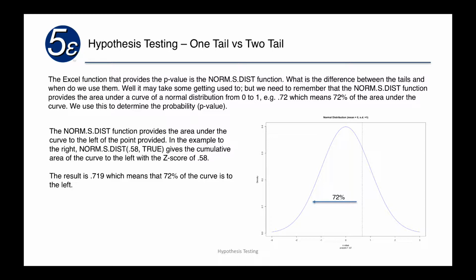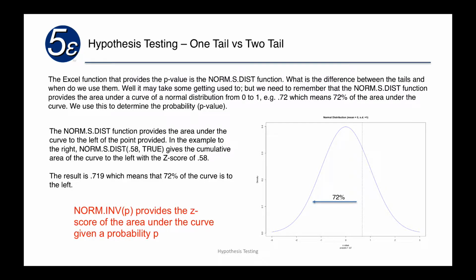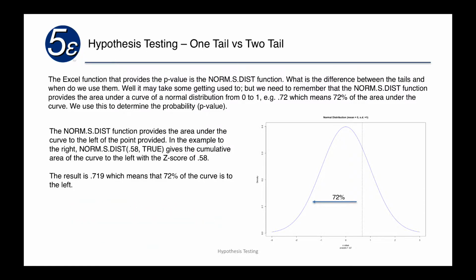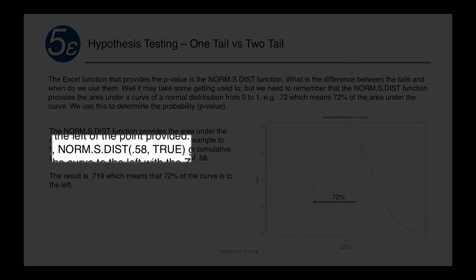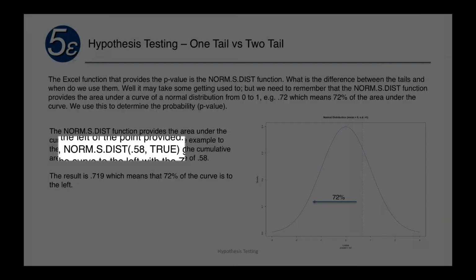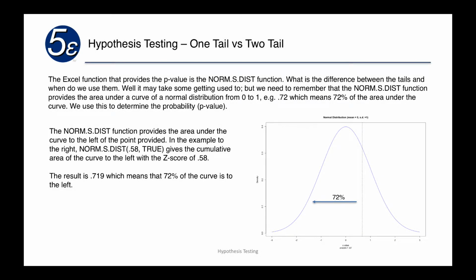We could use the NORM.S.INV to take the 72% and plug it in, and it would give us a score of 0.58. So if we did NORM.S.DIST of 0.58, that would give us a cumulative area under the curve to the left of the z-score. So that dashed line represents 0.58, and 72% of the curve will lie to the left of it.